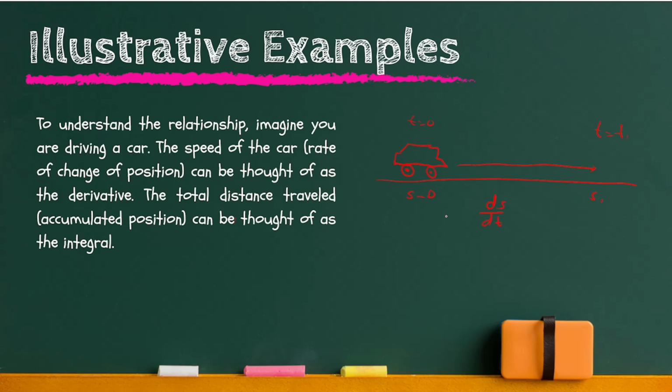To get s itself, we need the integral of this with the limits from 0 to t1. This is now the value of the total distance traveled. So to get the total distance traveled, you must have the integral of the speed, with the limits equal to time.